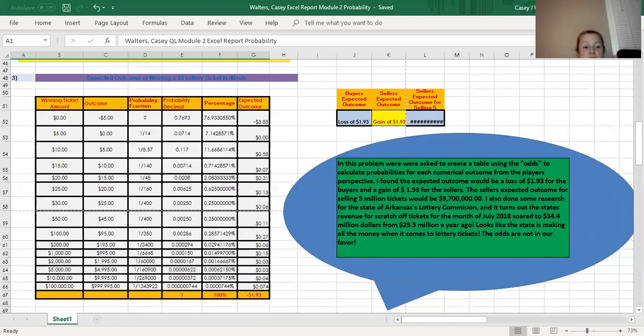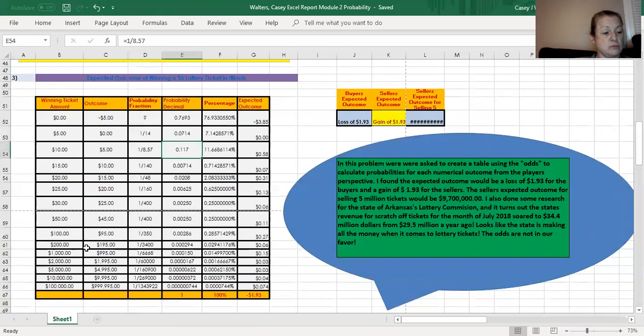Now, you see the answers here, but the great thing about Excel is that I was able to actually put the variables in, and then the formula, and Excel actually produced all of these numbers for me, which is great.